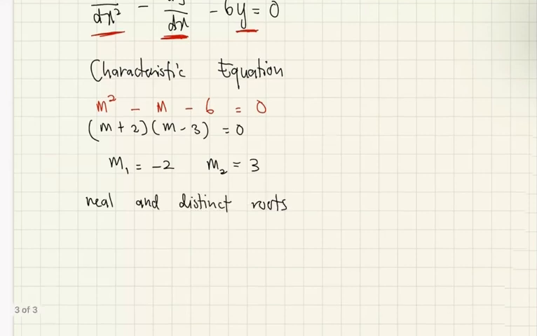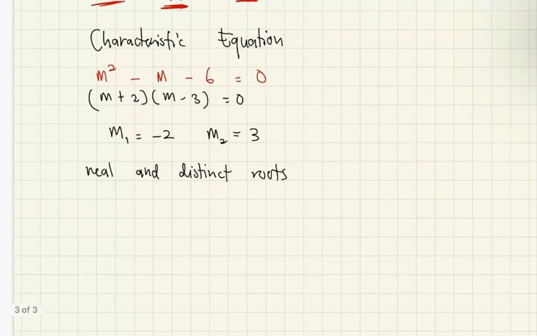Real and distinct roots. So the solution will be y equal to constant a exponent m1 x, m1 is minus 2, so minus 2x, plus b exponent 3x, m2 x. So this is our solution.